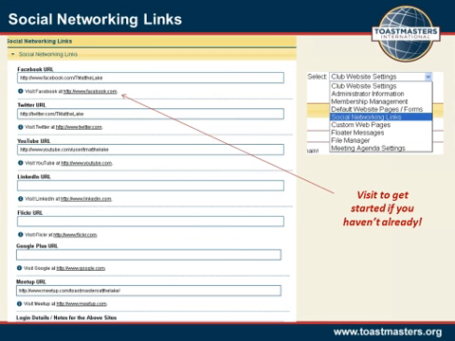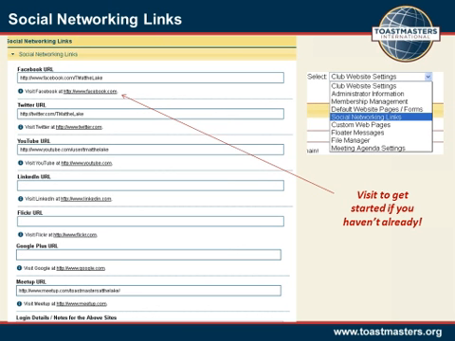The other thing that this program affords is social networking link options. We're all told we need to be socially networked. If you have not started socially networking your club, do so today and use this as a guide. Everybody usually uses something like Facebook or Twitter. Both clubs I'm in have some type of Facebook or Twitter action going on, and we do get some hits out of it.